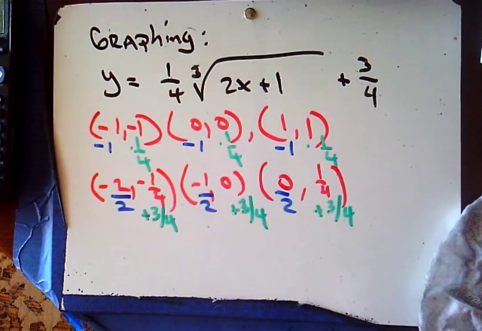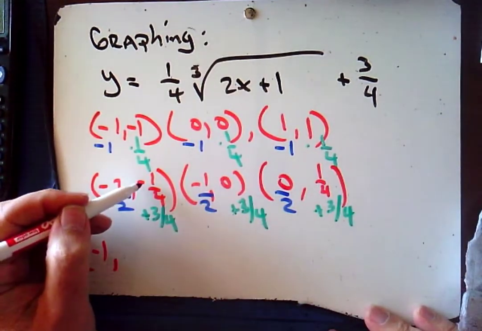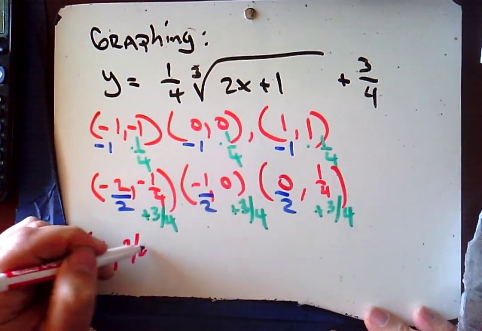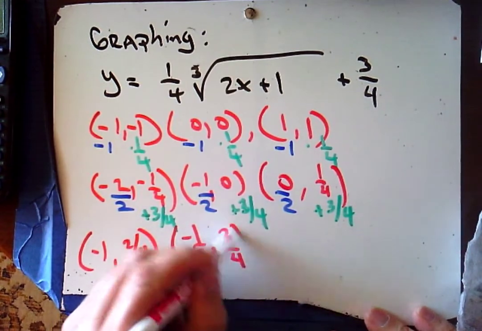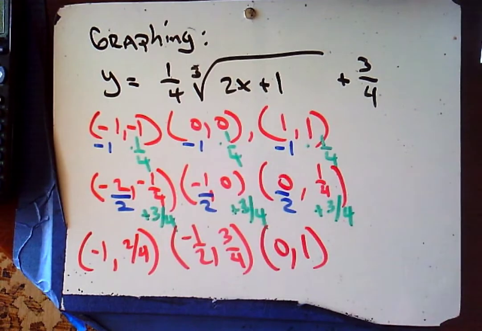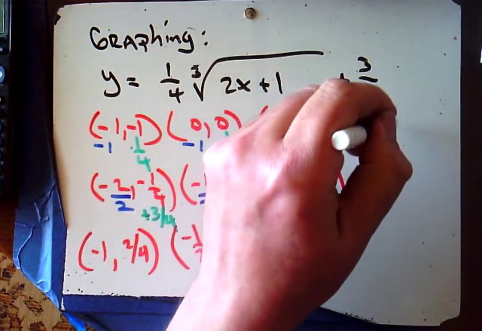And so my final points that I'll be graphing will be -1, -1/4 plus 3/4 is 2/4, or 1/2, then -1/2, 3/4, and 0, 1. So I'm going to plot those points, though I didn't give myself a lot of space for it.